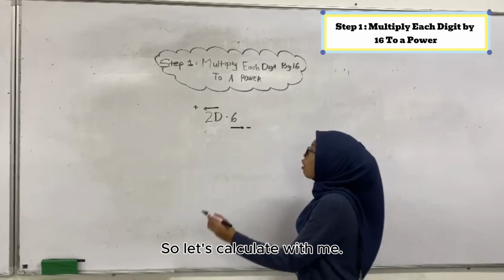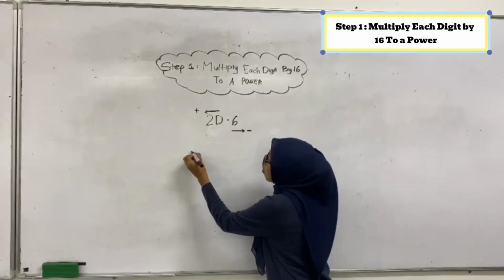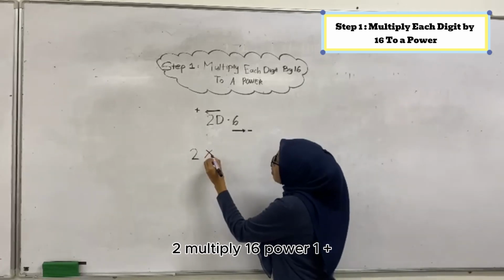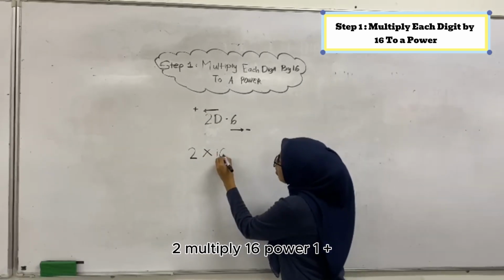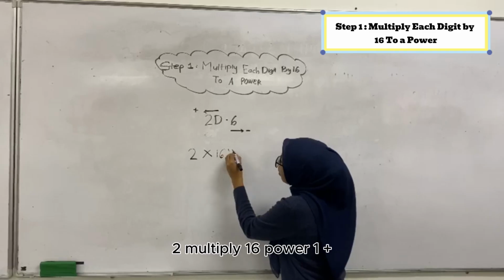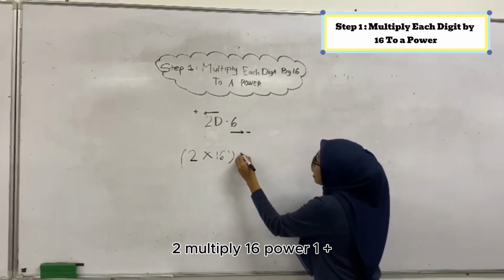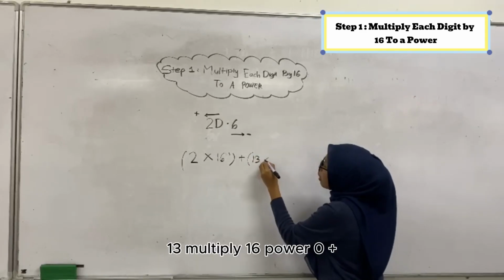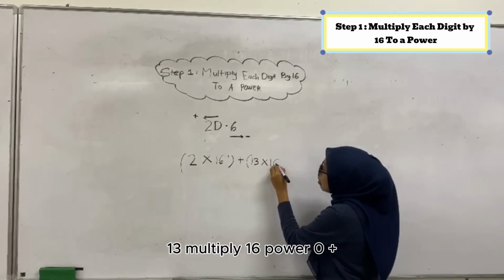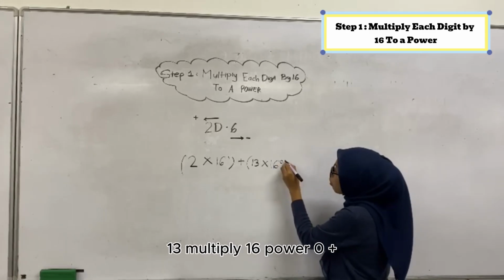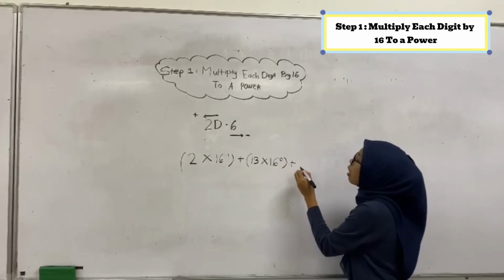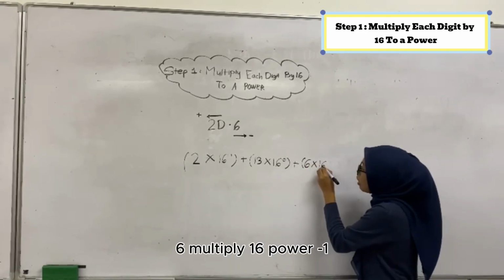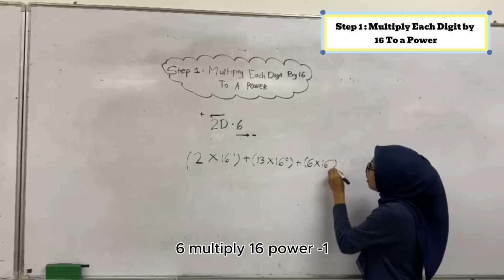So let's calculate with me. 2 multiply 16 power 1 plus 13 multiply 16 power 0 plus 6 multiply 16 power negative 1.